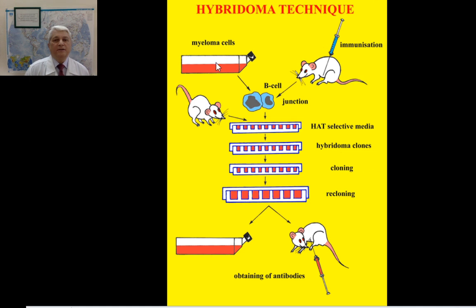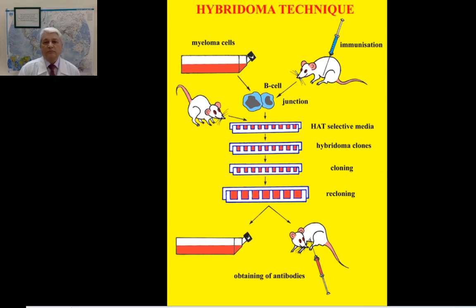Now we must be sure which clones are producing cells and which clones are not producing cells. For this we use the ELISA method, which I shall show you on the next figure.